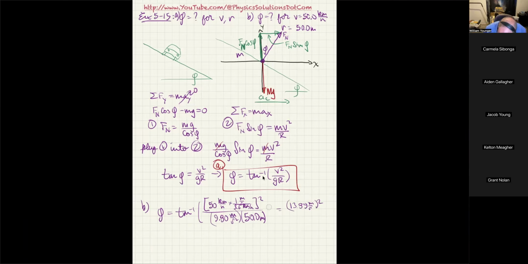And that's over 9.8 times 50, which gives me 490, and that is meters squared per second squared.